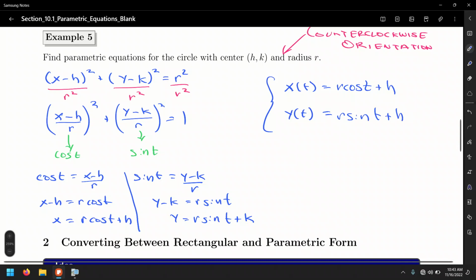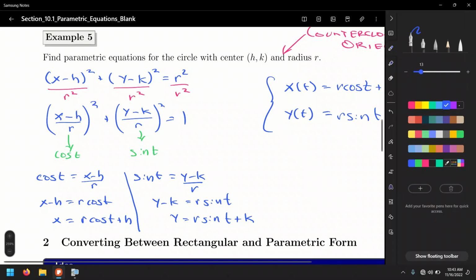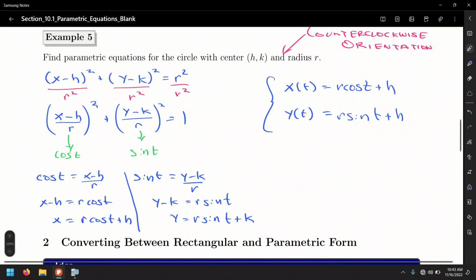And of course, let's just draw a very generic graph. It can be anywhere, because the center can be anything. That (h, k) can be anything. The center of the circle doesn't have anything to do with the direction.